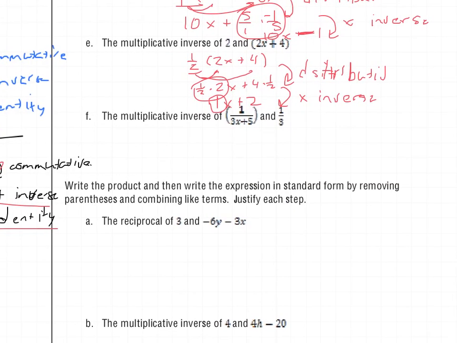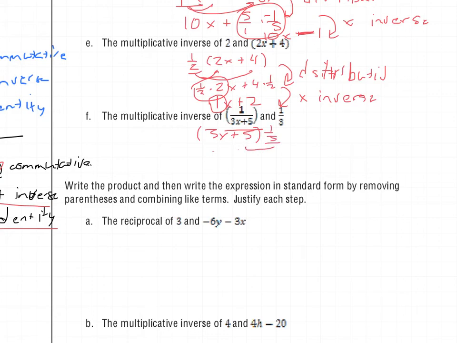And here it's asking us to multiply the multiplicative inverse of this, so that's the reciprocal. That would be 3x plus 5 over 1, which is really just 3x plus 5, times 1/3.